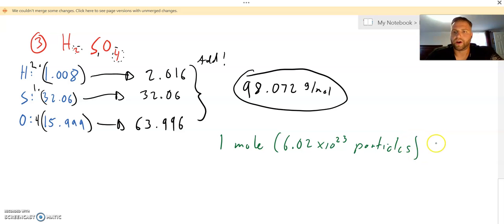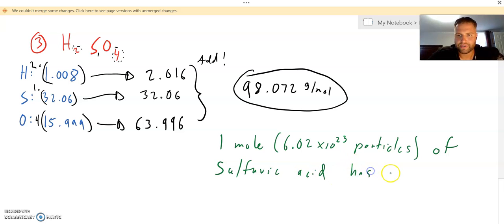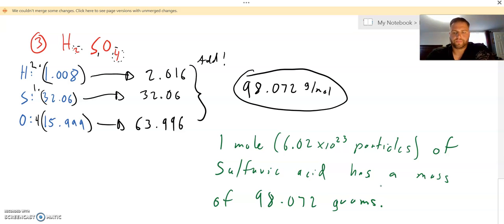So 1 mole of sulfuric acid has a mass of 98.072 grams. That's what your answer says in full.